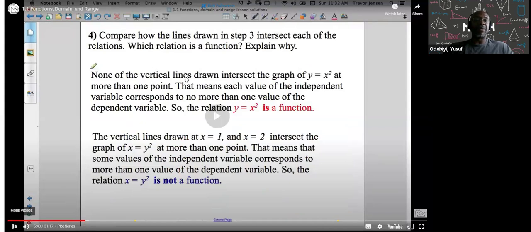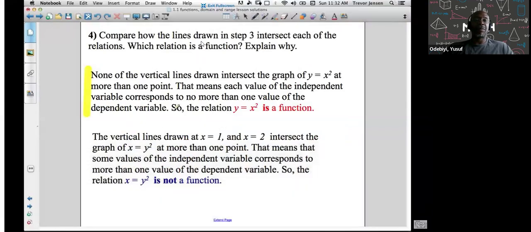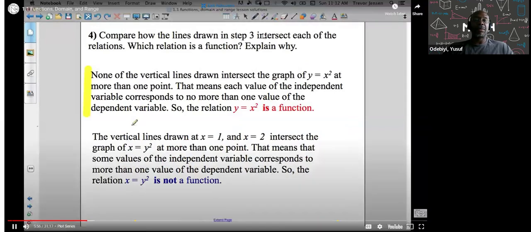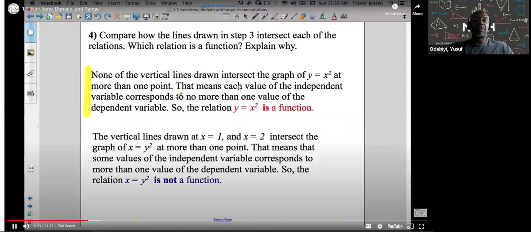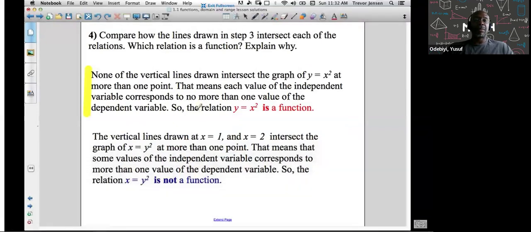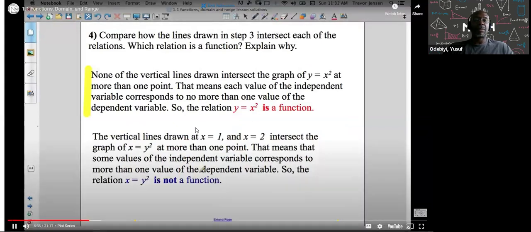I'll just play this out. That means each value of the independent variable corresponds to no more than one value of the dependent variable. So each x value has one y value. So the relation y equals x squared is a function.